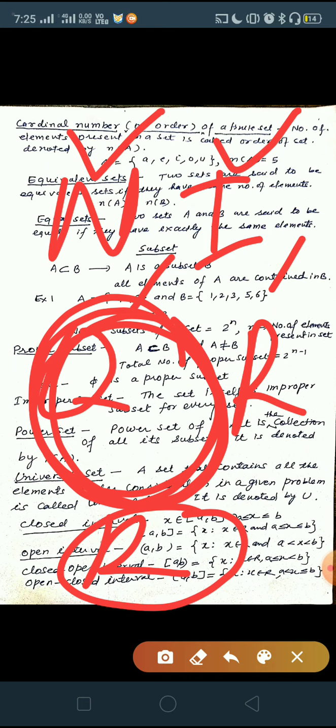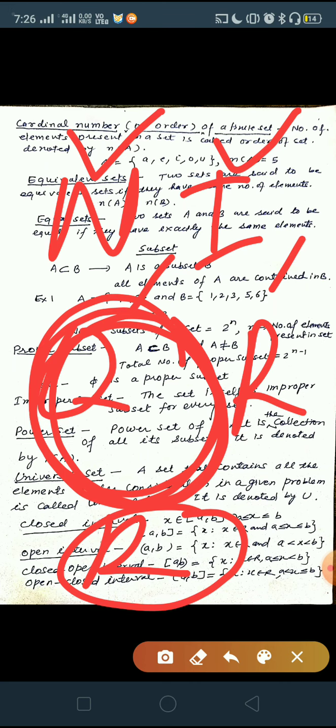But if we talk about a country, suppose India, then India will be considered the universal set, and all the states, all the cities, whatever comes within the boundary of the country, will be subsets. A city can have many subsets, all of which will be considered under the country.